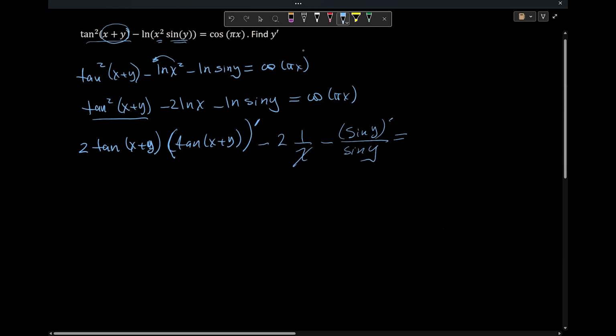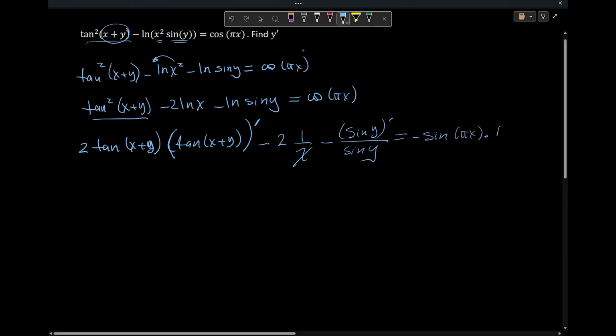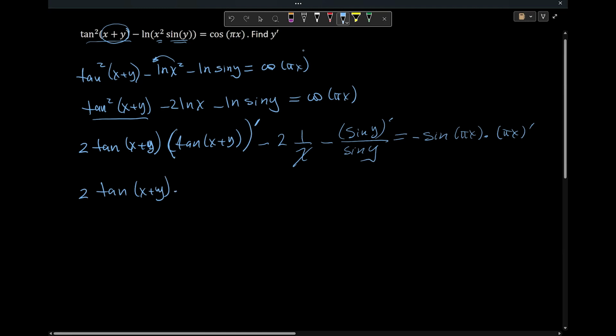Cosine of a function of x: the derivative of the cosine is negative the sine of that function of x times the derivative of the function of x.